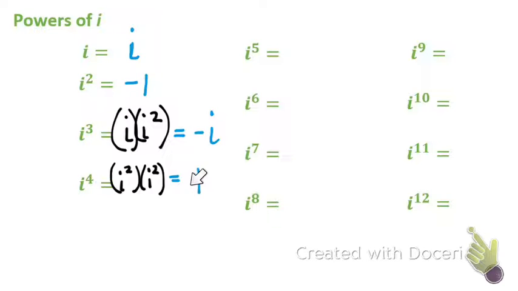Once you hit i to the fourth, or a power of 4, we know that it's always going to equal 1. So i to an exponent that is a multiple of 4 is always going to equal 1.